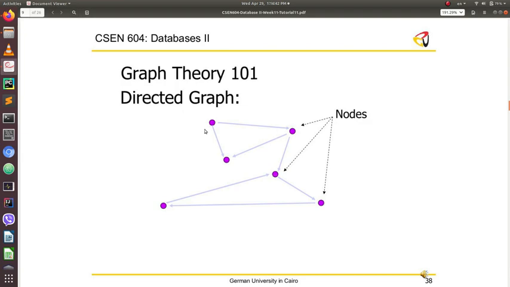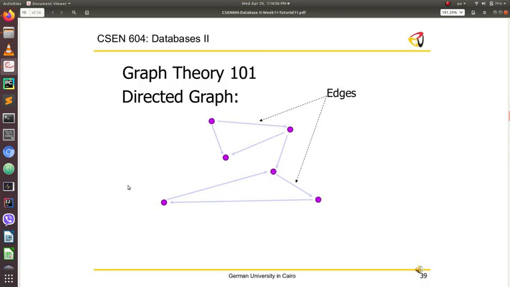This is a directed graph, which means that all of the edges have a direction, starting from a certain node going to another certain node. Again, the edges connect between nodes, and we are interested in the directed graph to check for cycles.